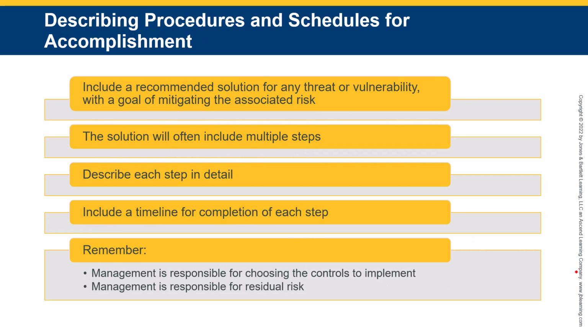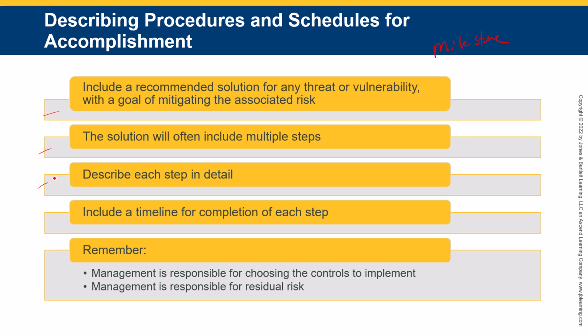So describing the procedure and schedule for accomplishment, again, milestones. We want to make sure this project is functional, we can roll with it. Include recommendations of solutions for the threats and identified vulnerabilities with the goal of mitigation of the appropriate risk. Solutions will oftentimes have multiple steps and verification steps.